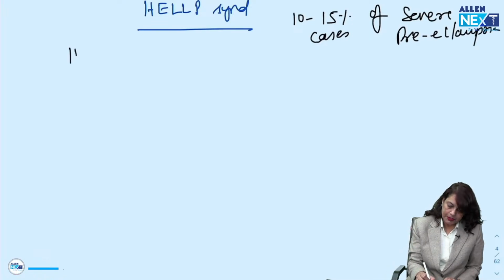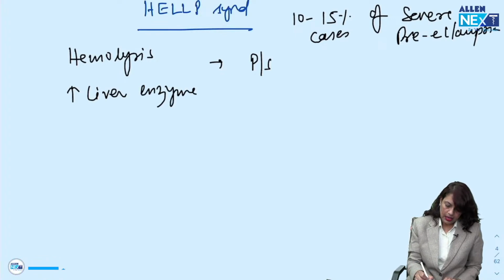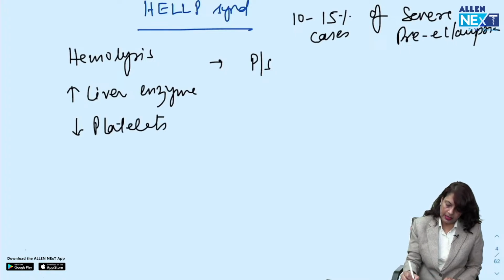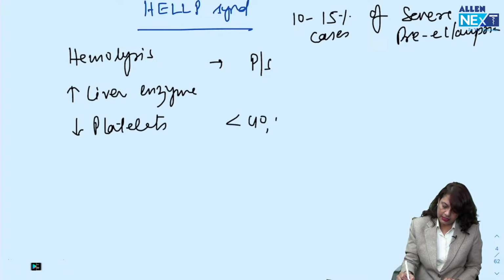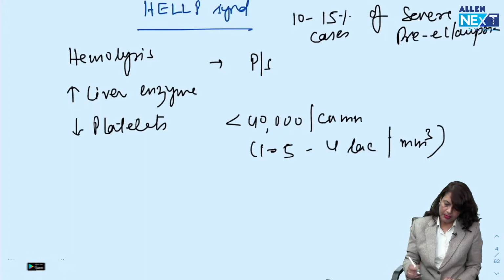In HELLP syndrome, there is hemolysis that you check on peripheral smear, then there are elevated liver enzymes, and then there are low platelets. Platelets less than 40,000 per cubic millimeter. Normal is 1.5 to 4 lakh per cubic millimeter.